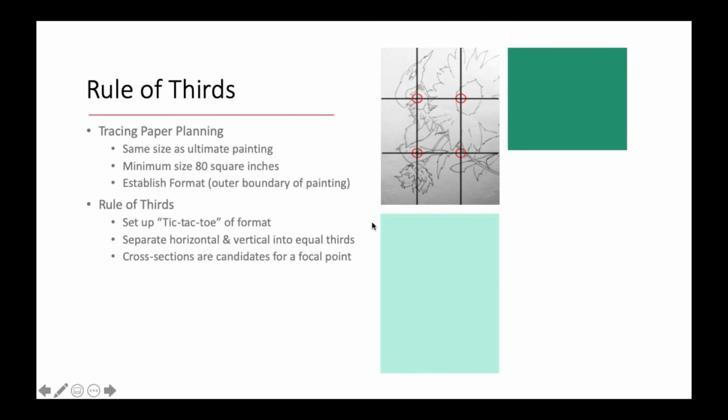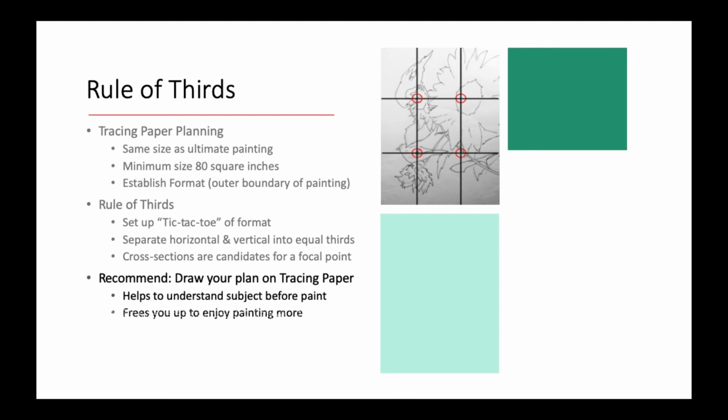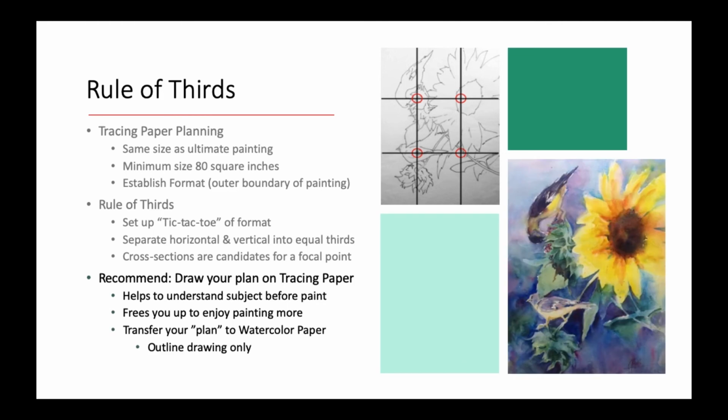And this is just an example that I did a few years ago using tracing paper planning. It doesn't look like it here, but this tracing paper was the same size as the ultimate painting. If you draw your plan onto tracing paper, for one, it erases a lot easier.